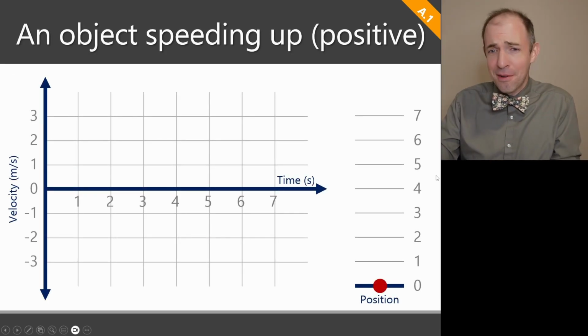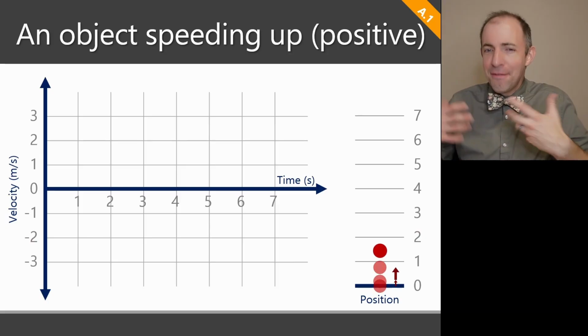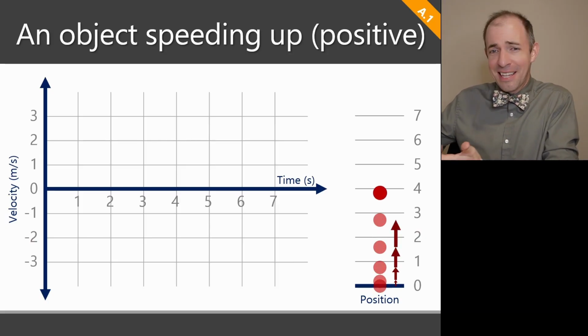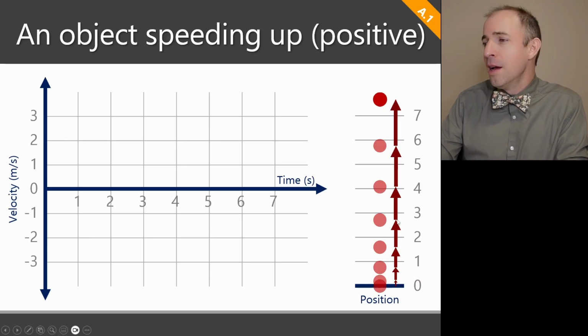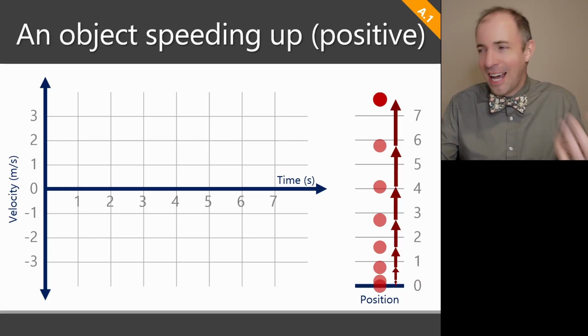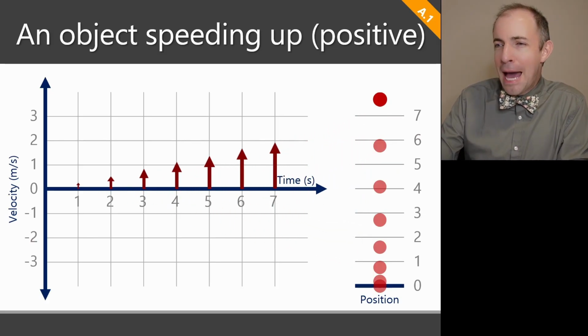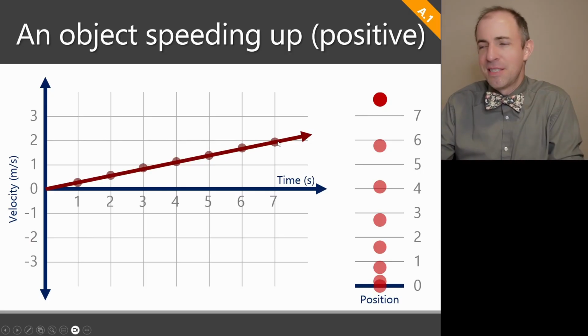We can also put a number to this. If we go back to graphing, if I had a graph of something that is changing its position like this, I can see every second it moves a little bit farther than it did the second before, which means its meters per second keeps increasing as you're going. If I map that on my velocity versus time, I'll see that it starts around 0 and ends around 2 meters per second in a time of 7 seconds.